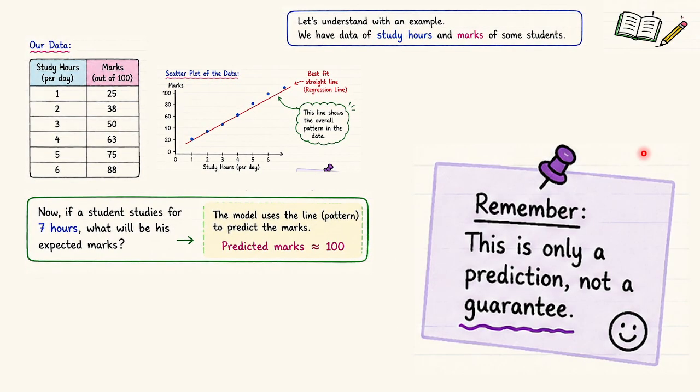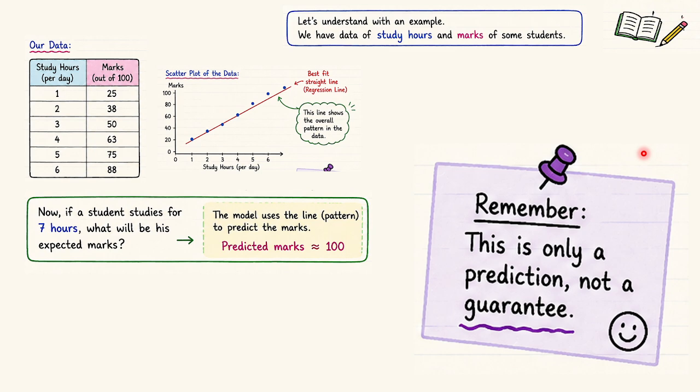But we should keep one thing in mind always: there is no guarantee that this prediction will always be correct, right? Because marks are a very subjective thing. So marks and the study hours, when we say student to student, it varies, right? So it is not only about the number of hours of studies. We also have to consider how focused the student is, whether the student is genuinely studying, how effectively the student is studying, and many other factors.